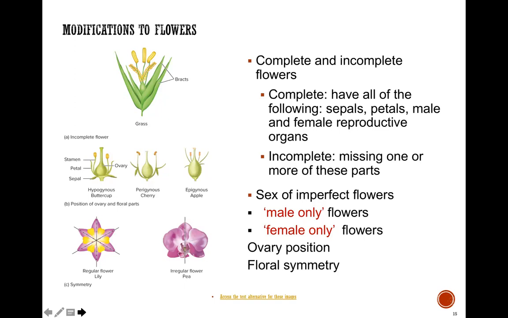So a flower would be considered complete if it had all of the following, which includes the sepals, those green leaves, the petals, the colored, usually fragrant, looks like a petal, looks like a leaf, but is really not green, and then has both male and female reproductive organs. So if it has all of them, we say it's complete. If it's missing any one of them, even if it's just the sepals, we would say the flower is incomplete.